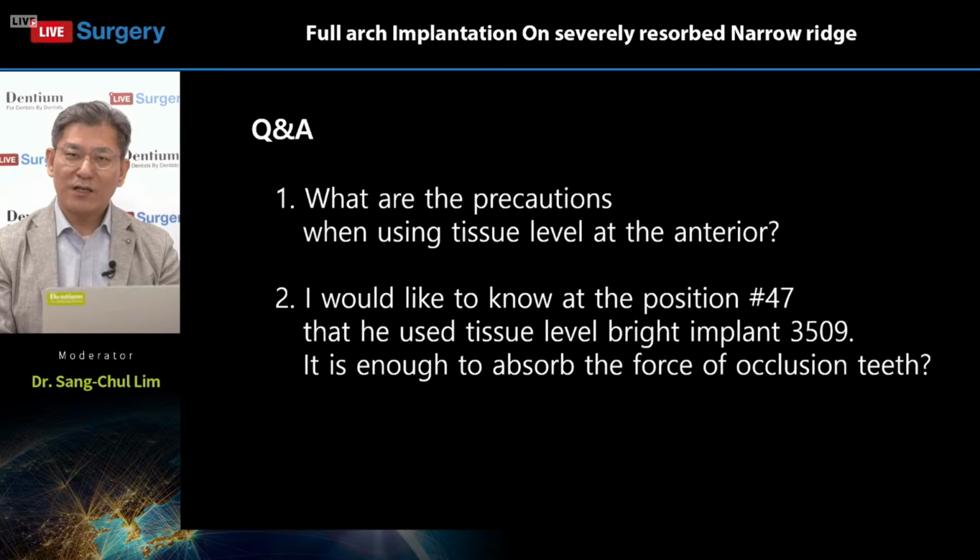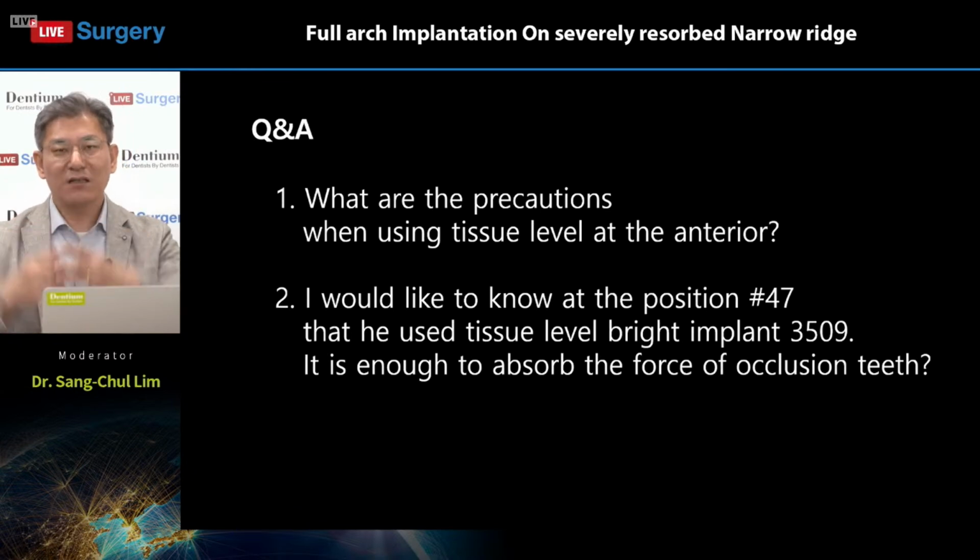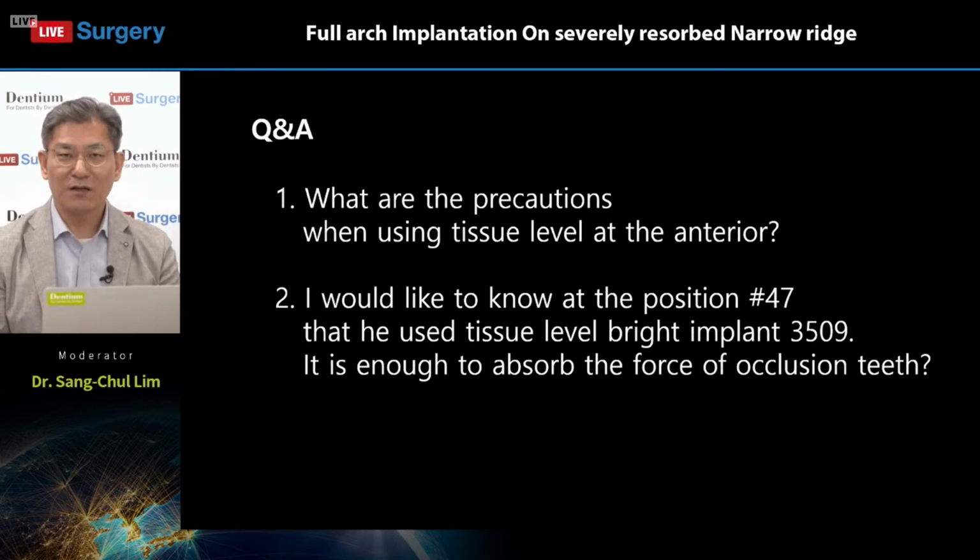As I mentioned before, this tissue level implant is stronger than the same size of bone level implant. It means a 3.5 tissue level fixture has a 3.8 platform area. 3.8 is very similar to a 4.0 internal connection bone level implant.